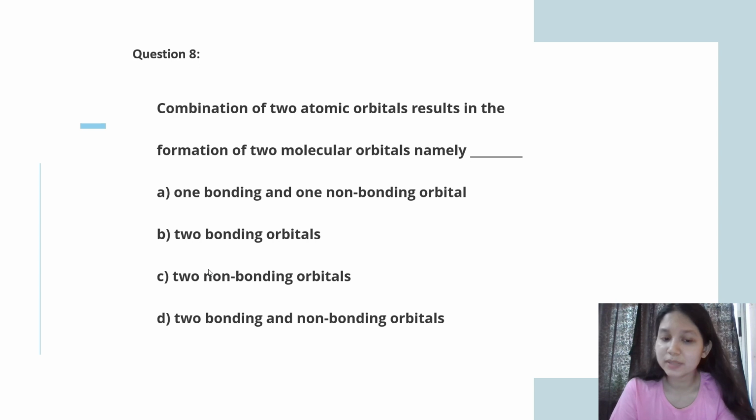The next question is also one of the simplest questions of this series. Combination of two atomic orbitals results in the formation of two molecular orbitals, namely one bonding and one non-bonding orbital, or two bonding orbitals, two non-bonding orbitals, or two bonding and non-bonding orbitals.